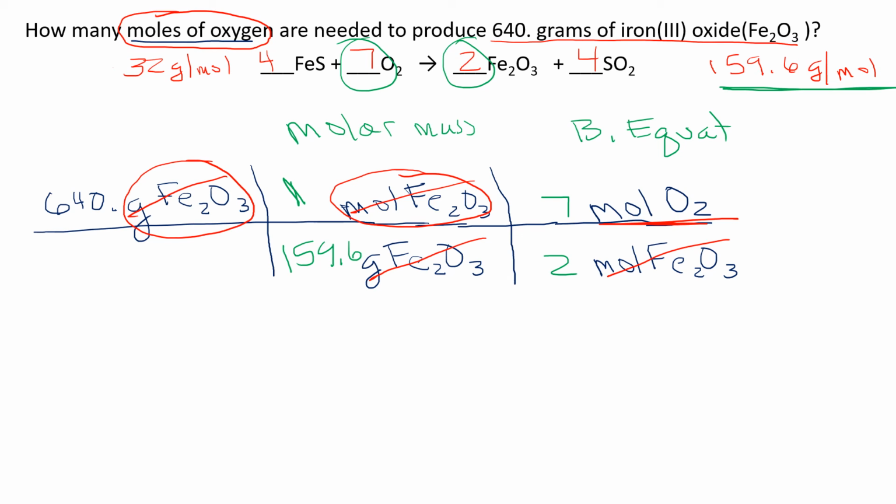So now we do the math. Up top we've got 640 multiplied by 1 multiplied by 7. And when you do that, 640 times 7 gives you 4480 on top.